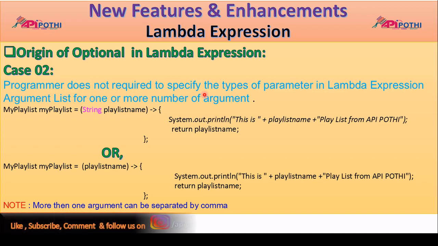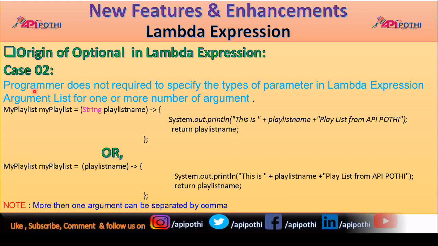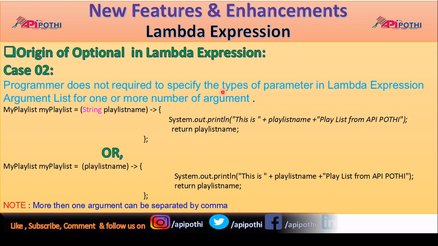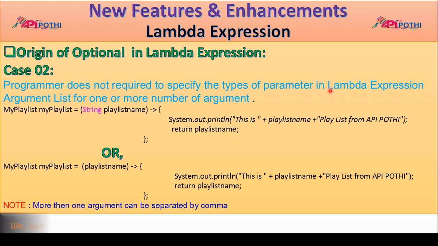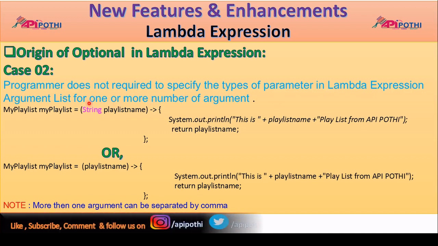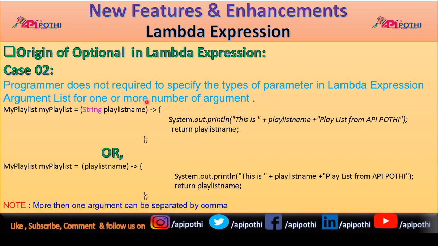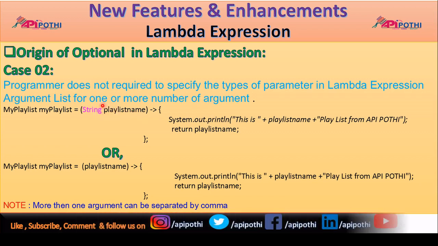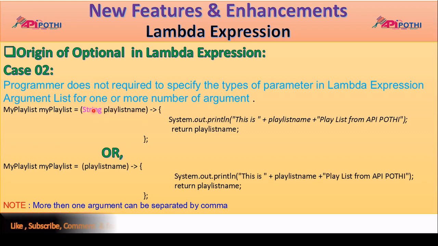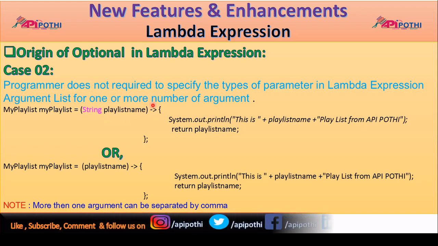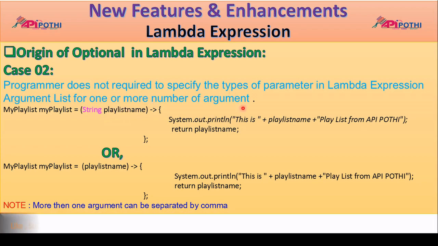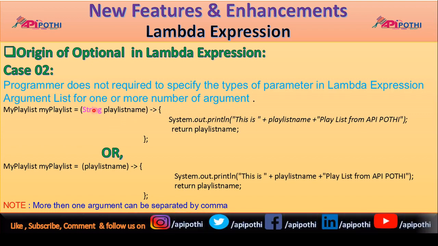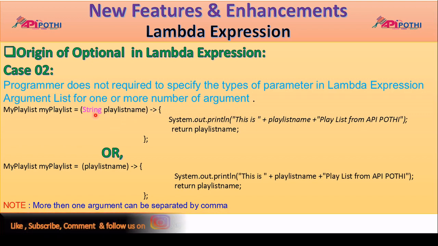Followed by that we have case number 2. Here the programmer does not need to specify the types of parameters in the lambda expression argument list, for one or more arguments. The argument list can contain one argument, two arguments, three arguments, or n arguments, that doesn't matter, but whatever the types of the arguments, they are optional.